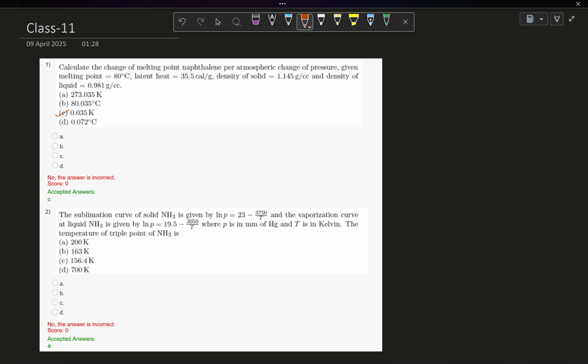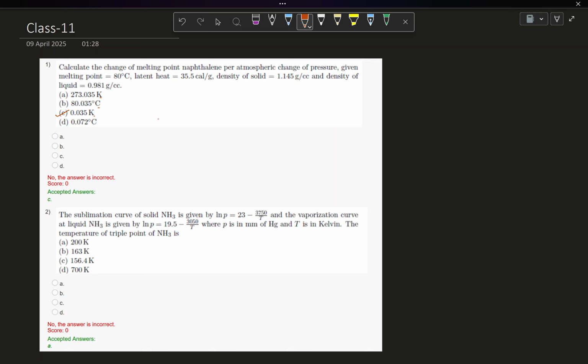You can see that some of the units are in degree centigrade, some are in Kelvin, because I said that the change in temperature value is the same whatever unit you use. Let's say you are going from 80 degree centigrade to 100 degree centigrade, a change of 20 degrees. In Kelvin units you can add 80 plus 273 and 100 plus 273, and still the difference remains 20, right?